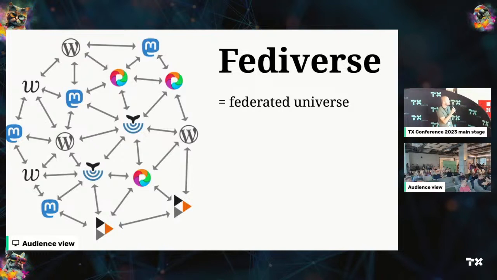So WordPress is the largest blogging platform out there, which is really significant. The other ones, like the blue one, is Mastodon, the PixelFed, PeerTube. We will see later about them. But basically, this is the representation of the Fediverse. Social networking platforms who talk to one another.